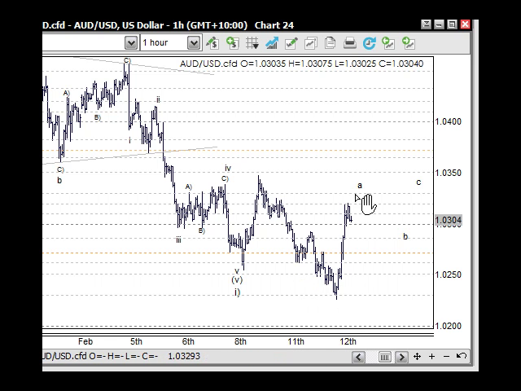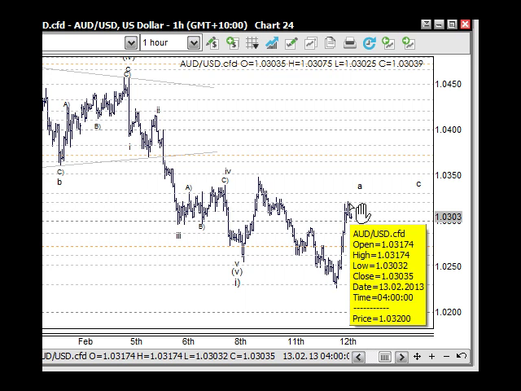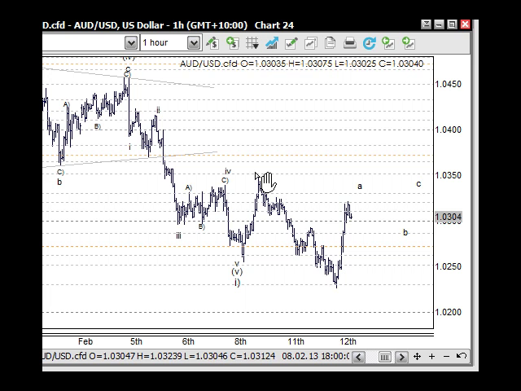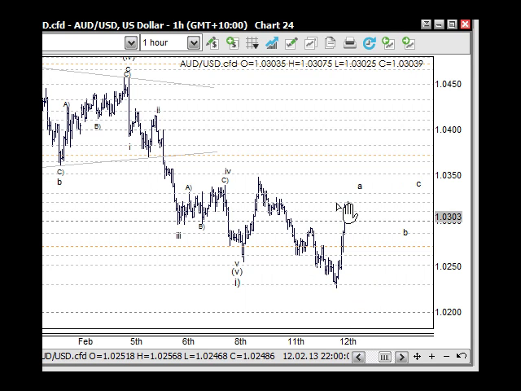Yesterday we were looking for a move up for wave C here, but I'm a little bit concerned about that now, because yes, this is a C wave up here, and yes, it's in 5 waves and so forth, but yesterday when we were talking about this, we were looking for this as an A and a B wave to here, because B wave's always in 3 waves, and then a C wave up.